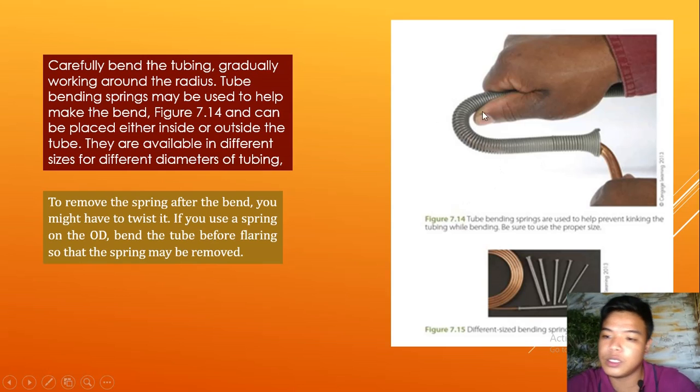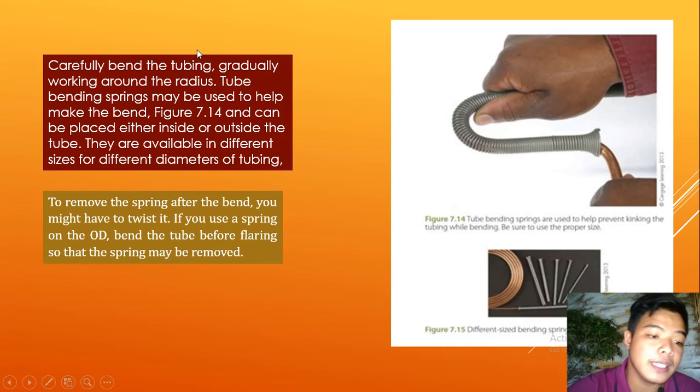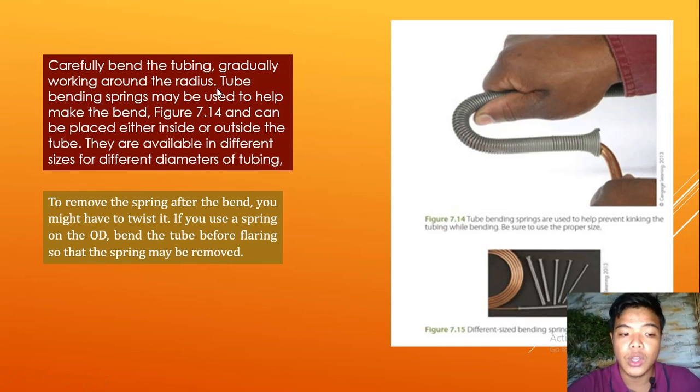It is just like a spring, and it is used to bend the tube in any desired degrees, and can be placed either inside or outside the tubing. They are available in different sizes for different diameters of tubing. Then to remove the spring after the bend, you might have to twist it.